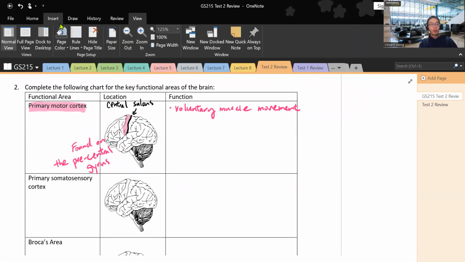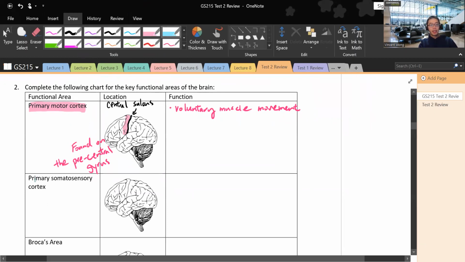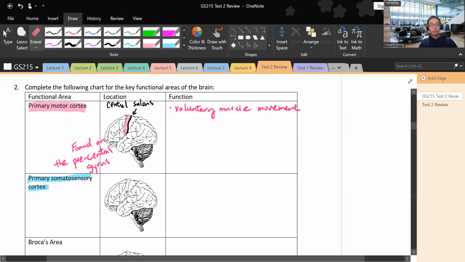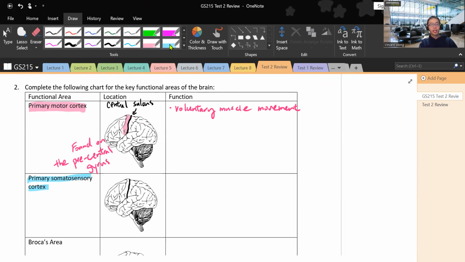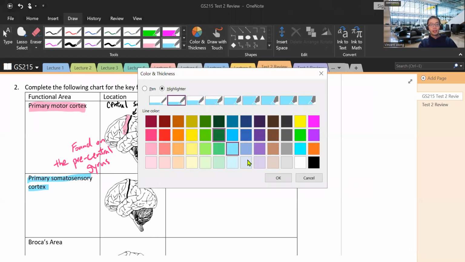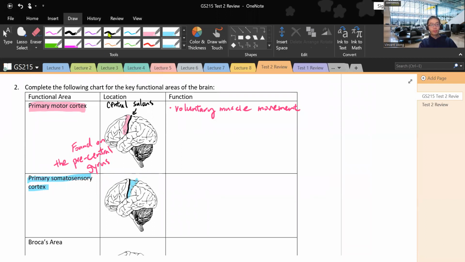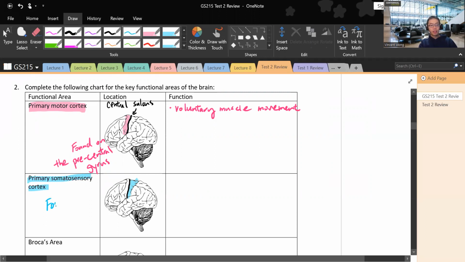The primary somatosensory cortex, that's the one where you will be receiving the sensory input. So over here you have the central sulcus again, and the primary somatosensory cortex will be right here. Just for safe measure, this is found on the postcentral gyrus.